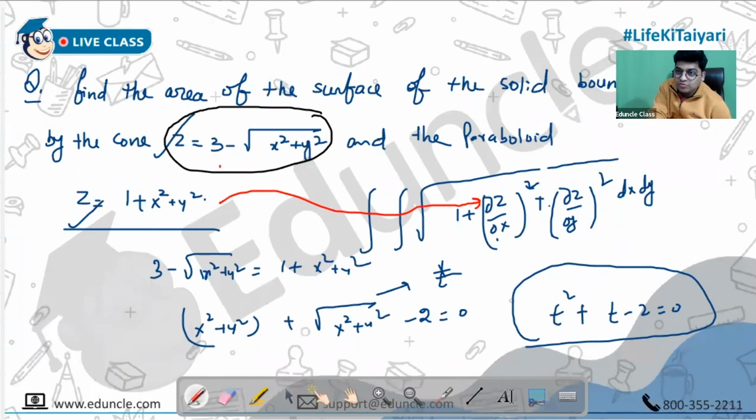When z is equal to 0, it means x square plus y square is equal to 9. Yes or no? This will give you the projection of the region. Am I clear?